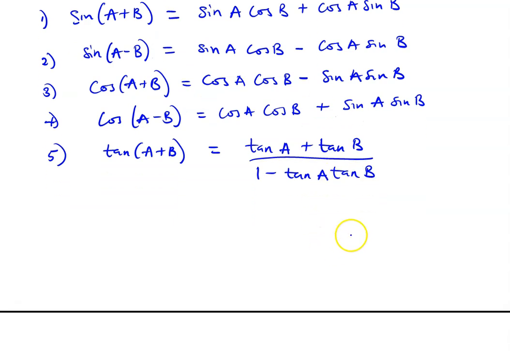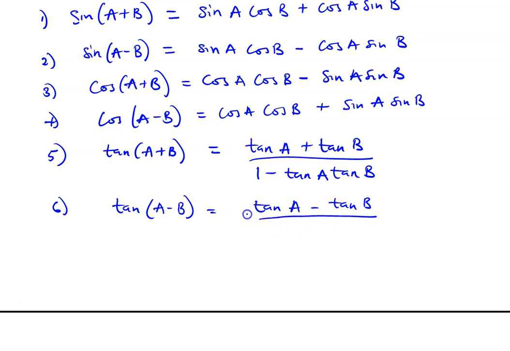And number 6: if I have tan of A minus B, it's going to be tan A minus tan B, all divided by 1 plus tan A tan B.